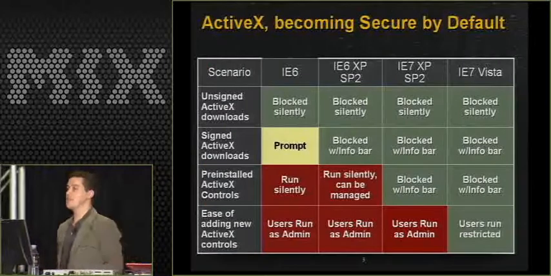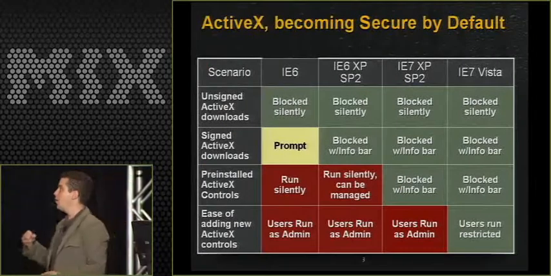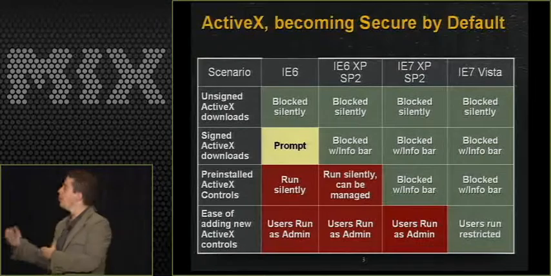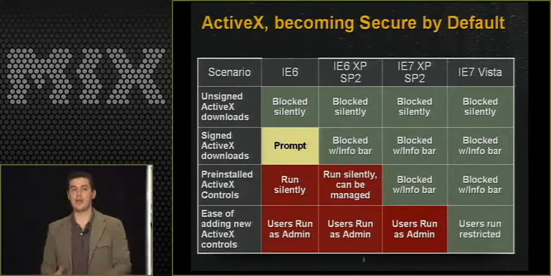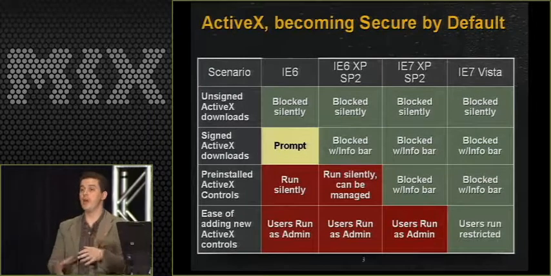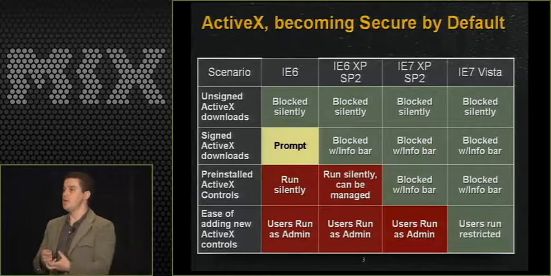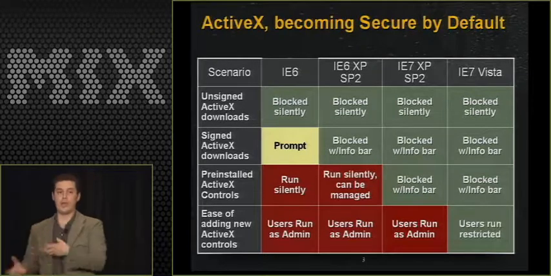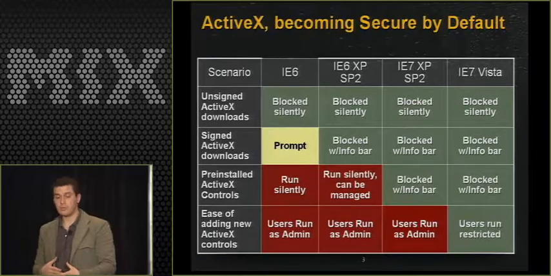So we talked about ActiveX controls. And I want to show you the history of ActiveX and where we've ended up. And you can see with IE6, you remember that in the old days, you'd go to a site, and it would throw a bunch of pop-up windows with advertisements, but it would also throw a bunch of prompts that encourage folks to download maybe a new ActiveX control with a toolbar and maybe some other code, some stuff that the user didn't necessarily want.